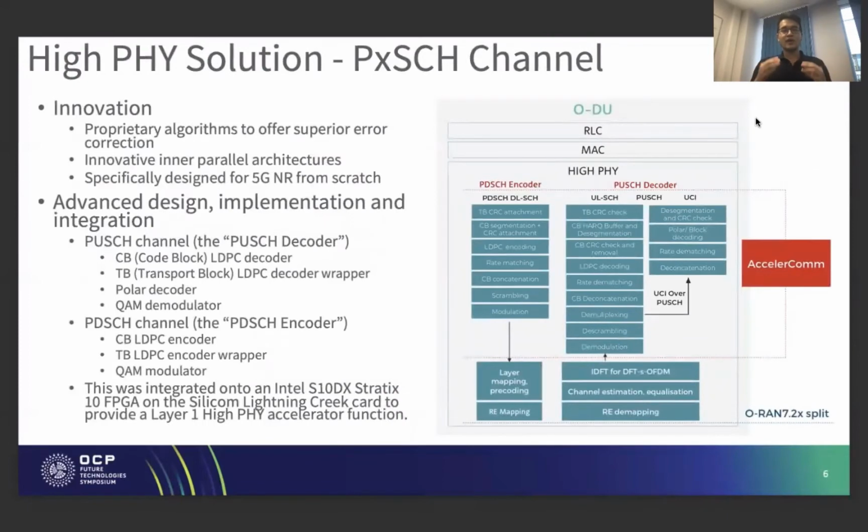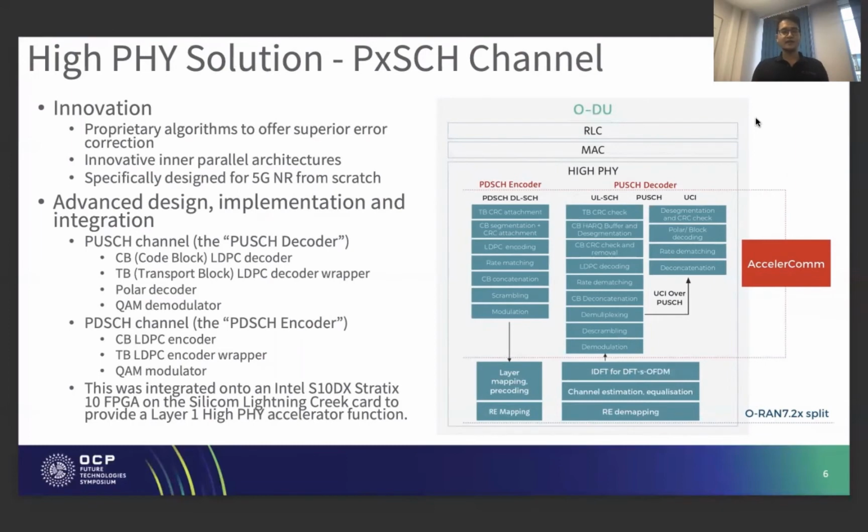Now, to accelerate the RAN, we have come up with a solution called PXSCH channel IP, as you can see on the right. And the innovation involved comprises proprietary algorithms to offer superior error correction, innovative inner parallelism architectures, and also all the modules that we talk about here are designed for 5G NR from scratch.